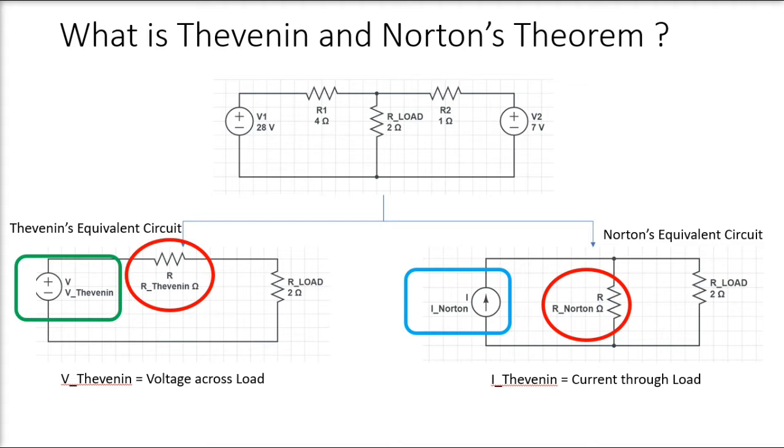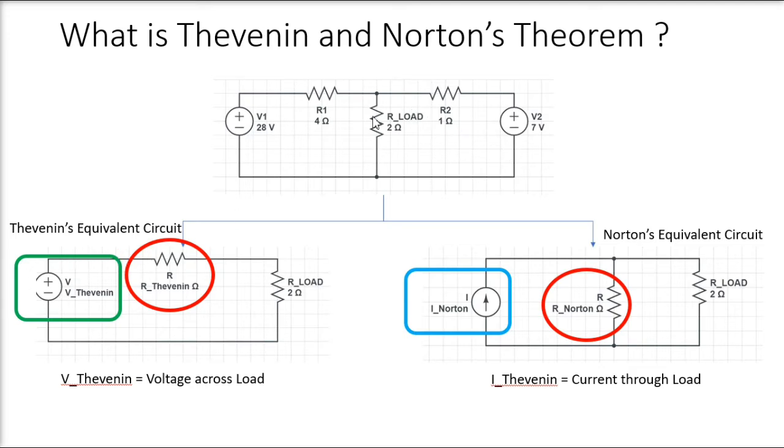As you can see, when I try to represent a complex circuit, it might have different voltage sources or different current sources. No matter what the sources are, or in which combination they are, all of the sources will be represented by a voltage source, which I am writing over here as V Thevenin, right?